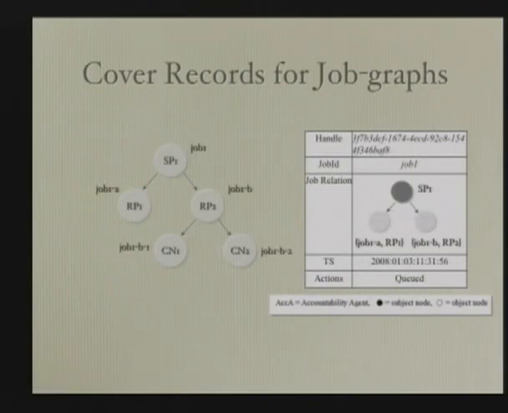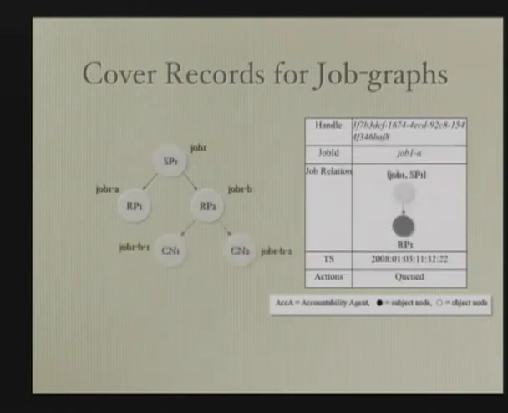Here is the cover record for graphs. In this case, the agent in terms of SP1 only cares about job 1 and writes down all the records related to job 1, which is divided into job 1A and job 1B, with the handle information, job ID, and the timestamp when the job status becomes queued.